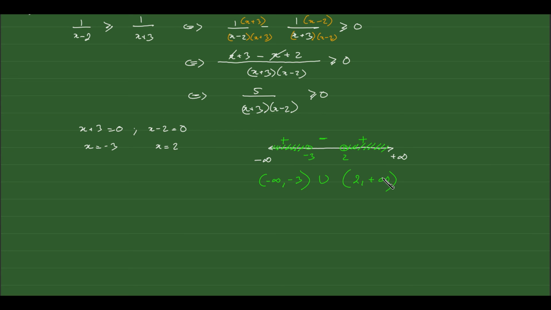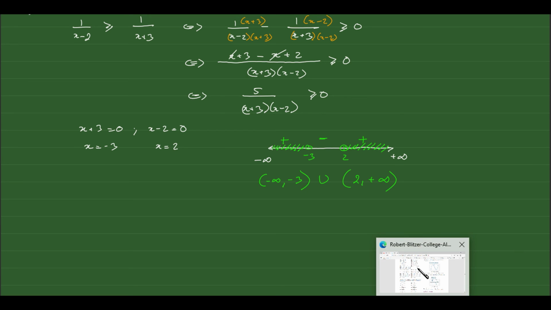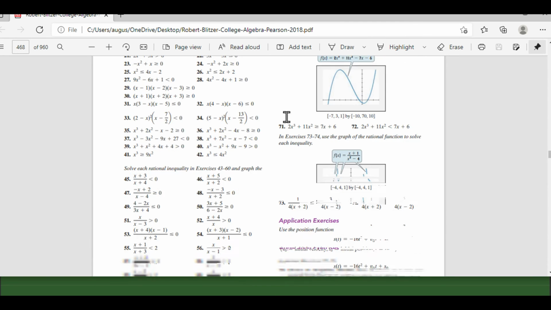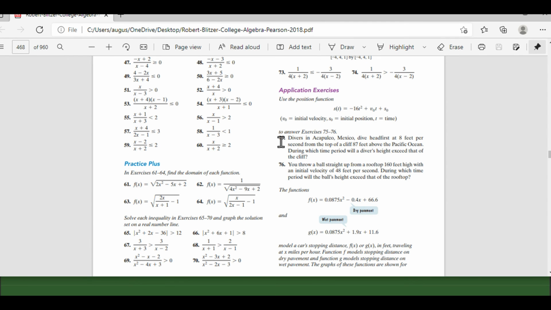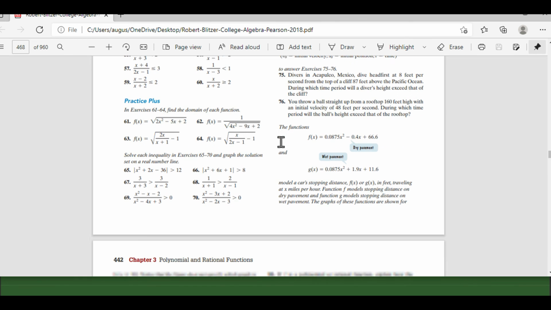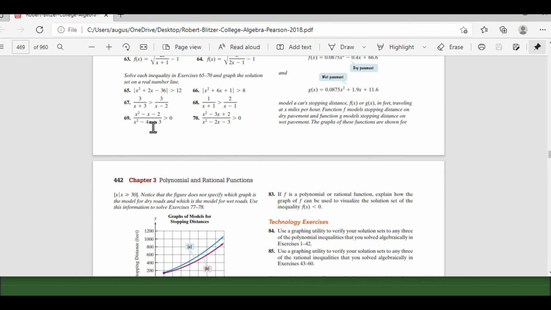Let's see, I can pick one of the problems in the textbook here. How about this one?